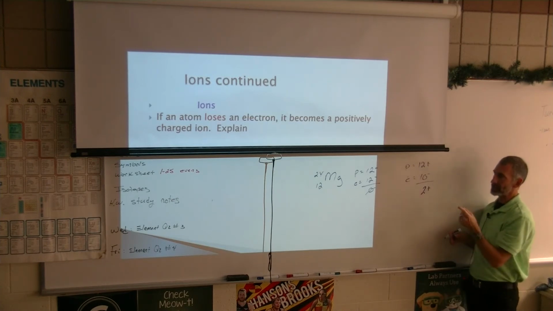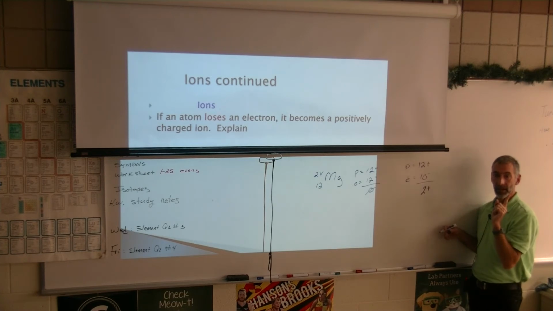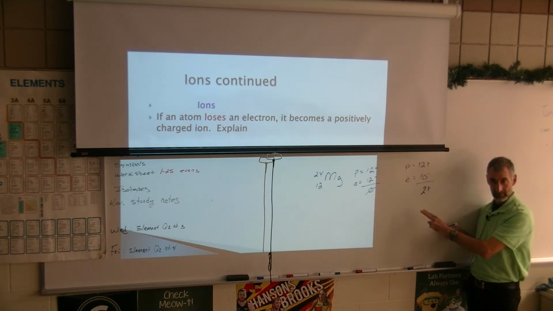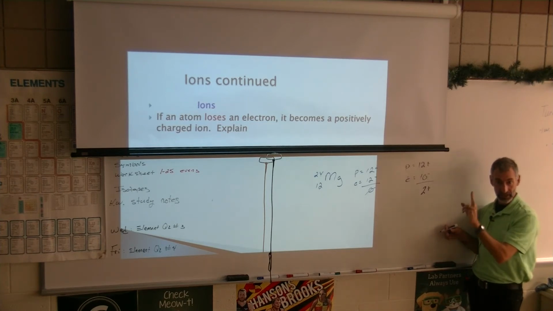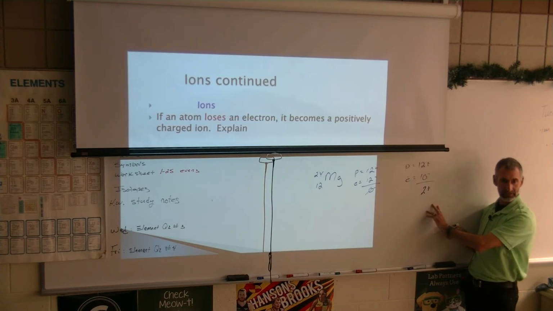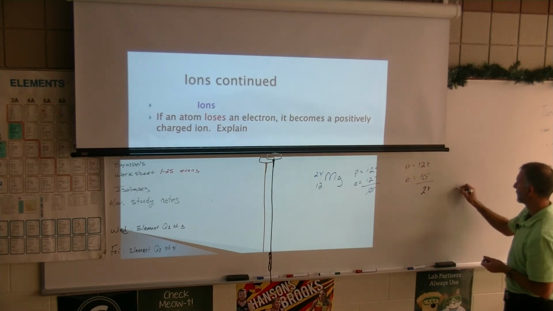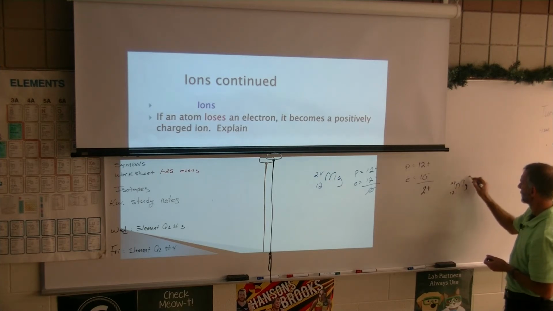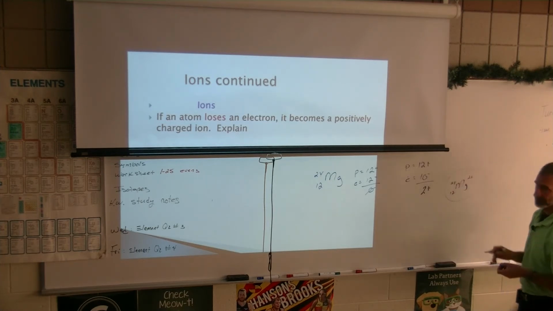Okay, so I'm going to ask you on the quizzes here, if you gain electrons, you're going to become a negative ion or anion. If you lose electrons, you're going to become a positive ion, which we have a name for that too, which we haven't gotten to yet. Okay? All right, so then this would become Mg, 24, 12, and 2 plus for my ion.